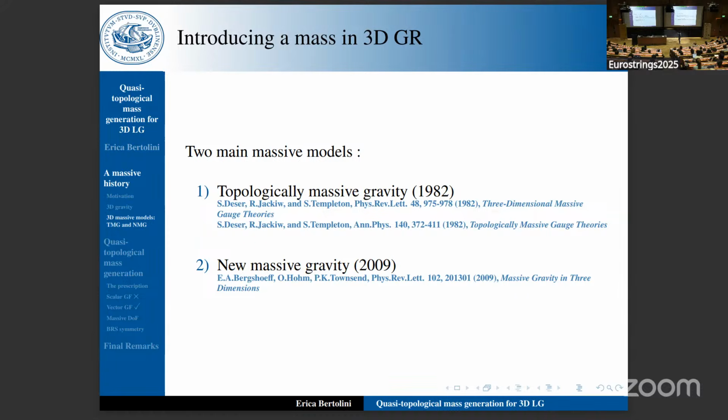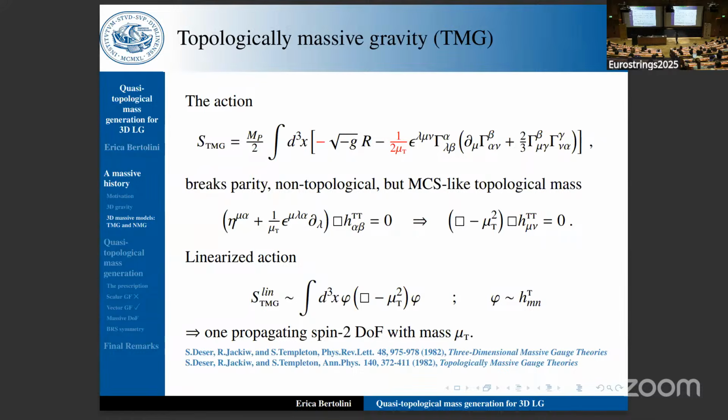In the first case, it is described by the following action. So the standard, more or less, Einstein-Hilbert term is coupled to a higher derivative term, which is the following one. I'm saying more or less because there is actually a minus sign in front of the Einstein-Hilbert term. That's relevant, and it's necessary to get positive energy states.